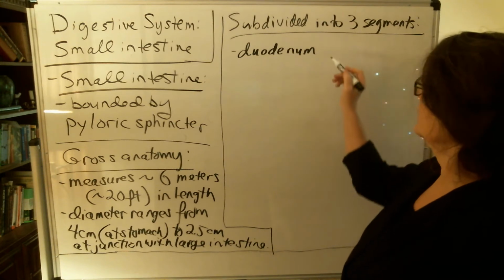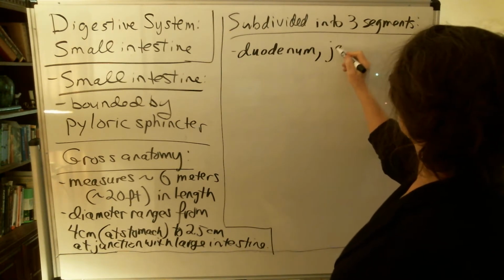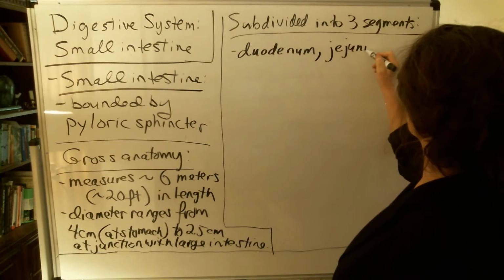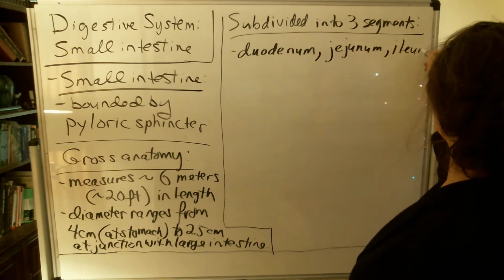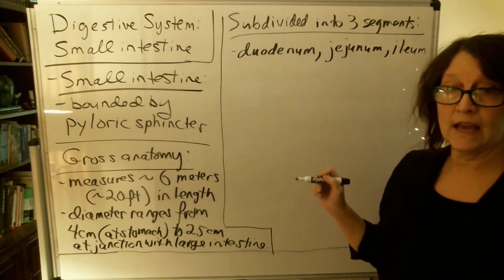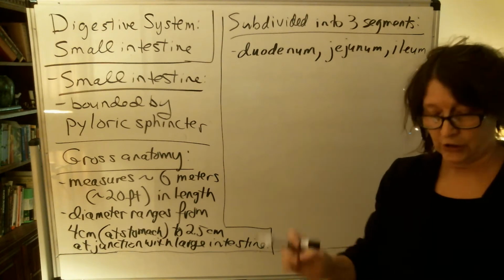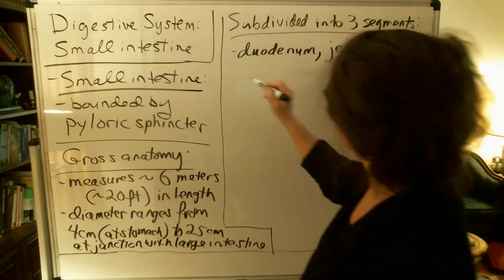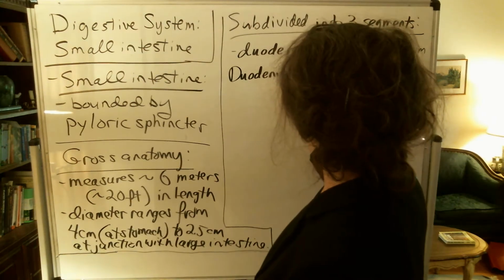Some people will call it the duodenum, usually called the duodenum. The next is the jejunum, the middle section, and then finally the last section is known as the ileum. The ileum is what has the boundary then with the large intestine. So we're going to start just by talking about the duodenum.